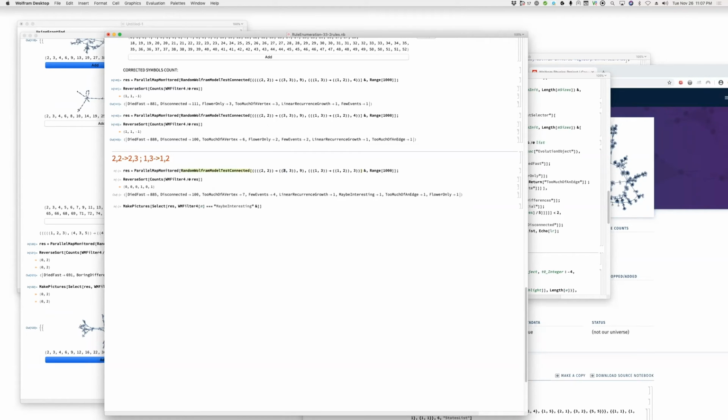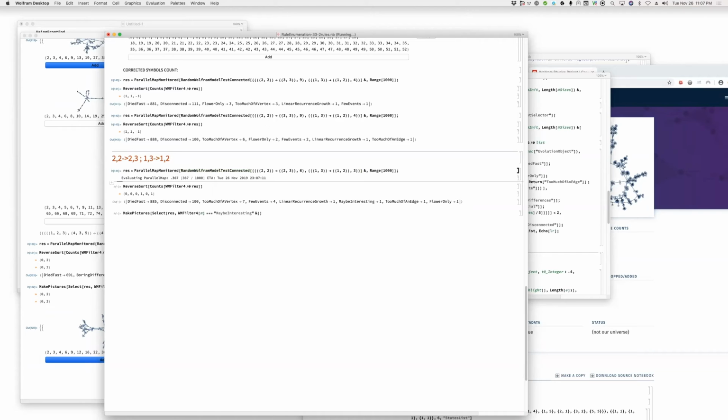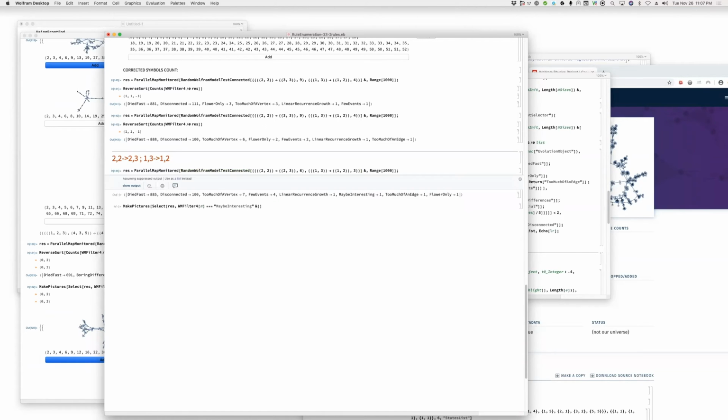So actually, if you have the first rule that decays and the second one that grows, then every case that grows will probably be using both rules. What should be the number here? 2 goes to 2 3.